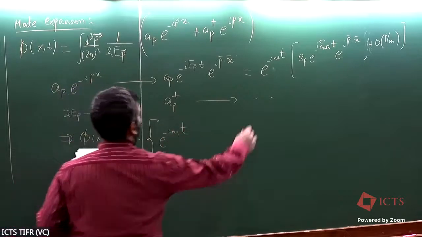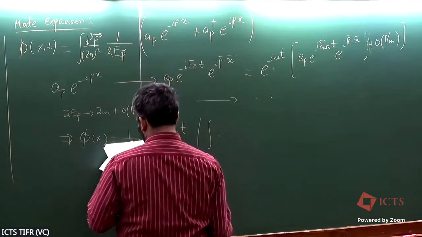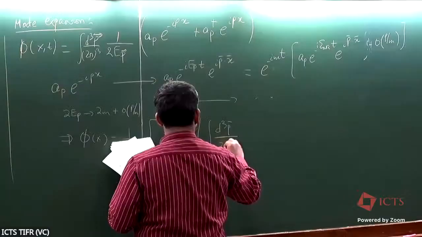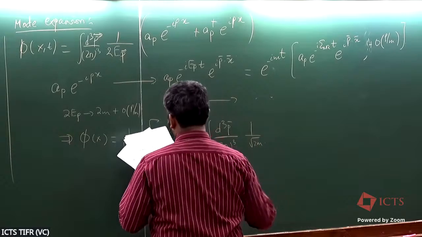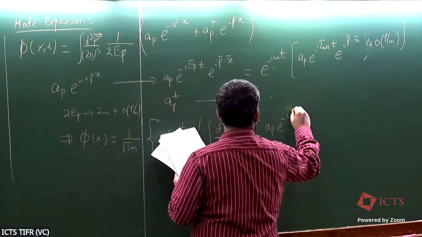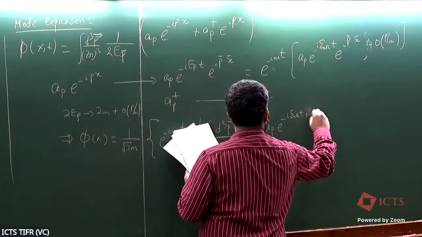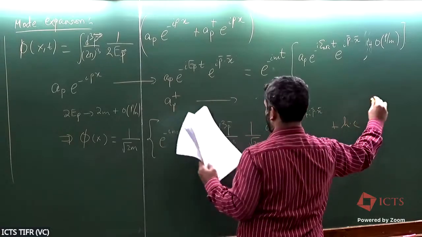I factor out this piece. Maybe let me just write the first term and then I leave the rest. Plus the Hermitian conjugate.